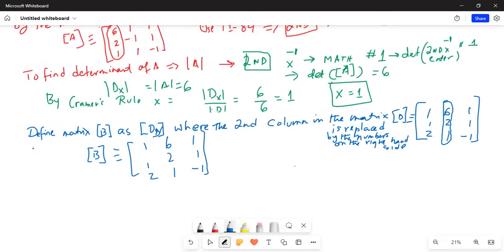So we put our calculator on. Second button, then the x minus 1 button. Scroll down to number 2, which is matrix B. Should be a 3 by 3 matrix.